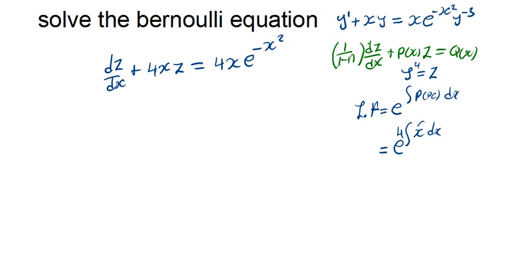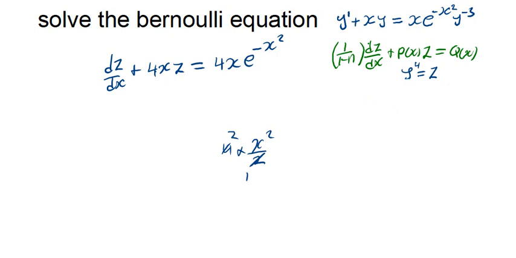The integral of x is nothing but x squared over 2. You observe this is multiplying 4, so 2 there, 1, 2 there, 2. So your integrating factor is just equal to e to the 2x squared, like that.